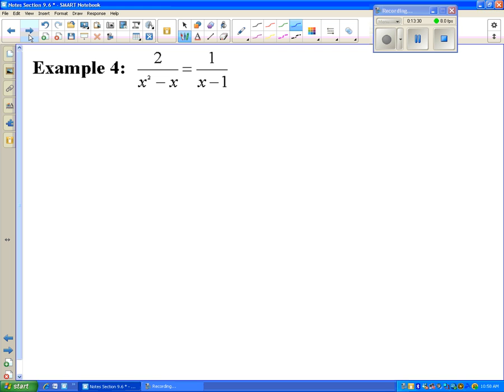I'm going to go ahead and do it with the LCD, like I normally do. X minus 1 is the factored form of my left fraction's denominator. So I have x times x minus 1 needs to be in my LCD. Here I need an x minus 1, and I already have it. So my LCD is x times x minus 1.